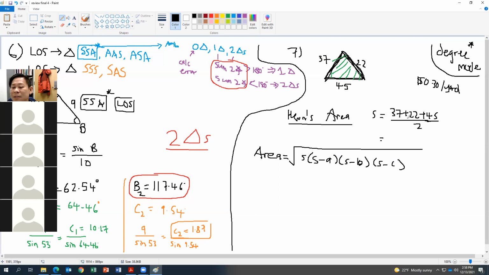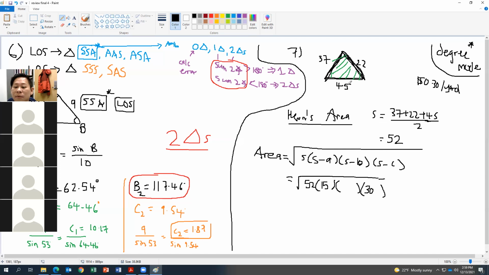So what is 37 plus 22 plus 45 all divided by 2 here? 52. Now what you do is pretty simple, right? 52 times 52 take away 37, times 52 take away 45, it doesn't matter which is A, B, C, and 52 take away 22. So 52 take away 37 is 15, right?